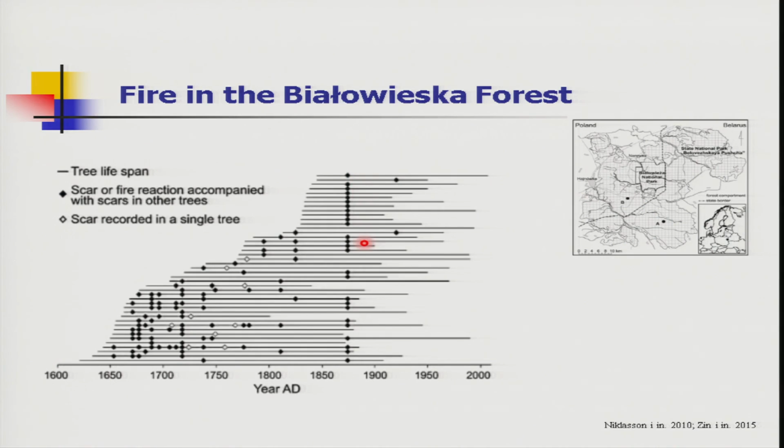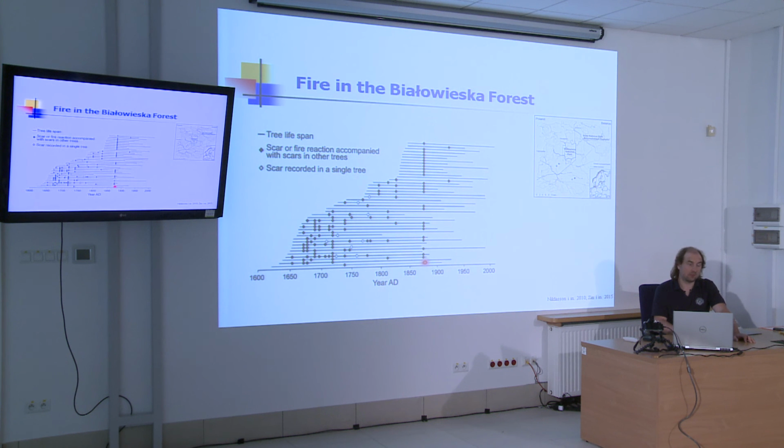And here we can see that almost every analyzed tree suffered from the fire and was scarred by the fire. And this allows to reconstruct how often and how severe the fires in the Białowieża forest were.